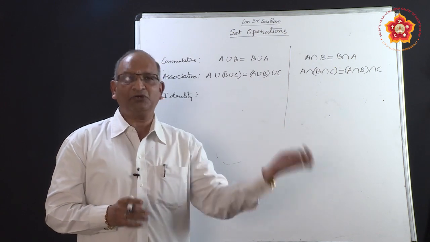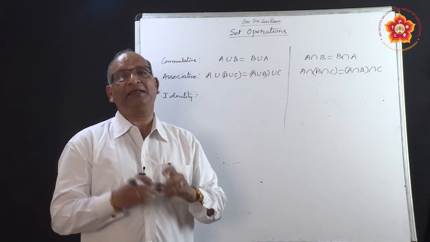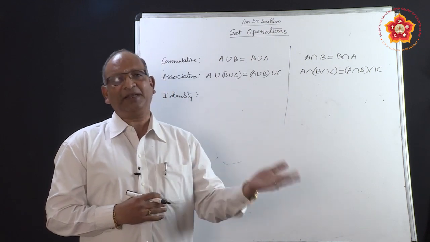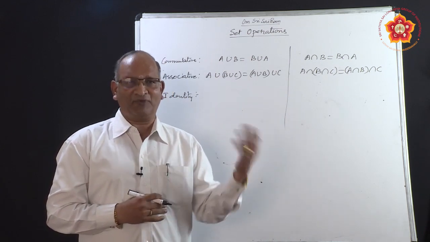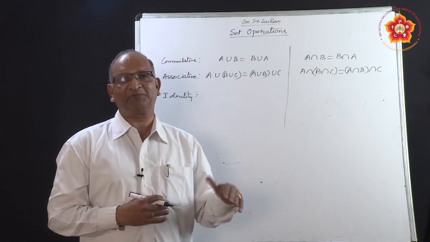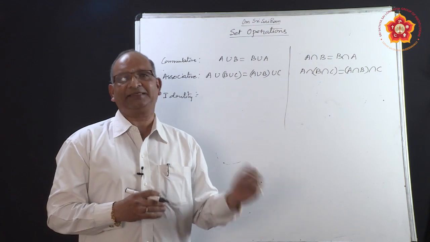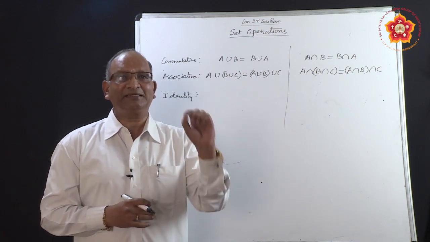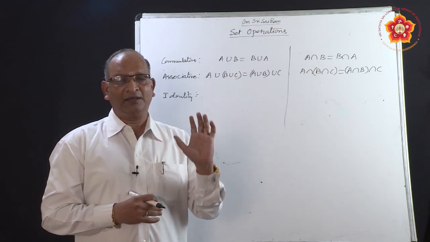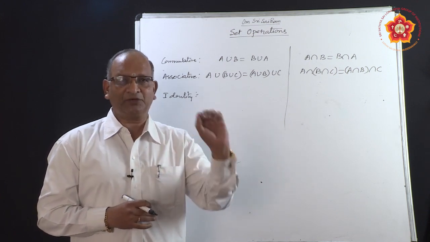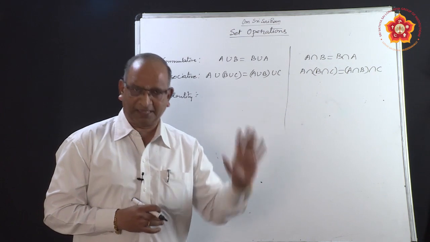If you add 0 to any number, the number remains the same. 5 plus 0 is 5, 10 plus 0 is 10, 6 plus 0 is 6, 12 plus 0 is 12. So the number remains the same. So we say 0 is the additive identity. Why do we call it additive identity? Because if 0 is added to any number, the number remains the same.